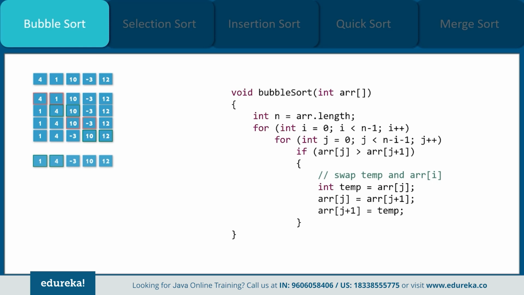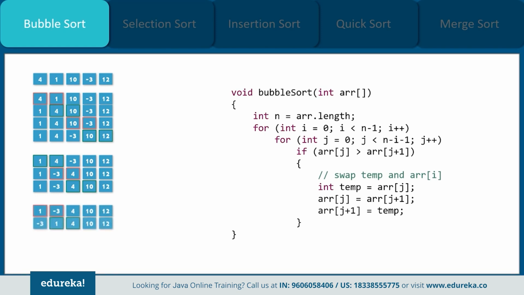Now in the next iteration, we'll again begin and start from the next index of the ith loop. Here we'll see -3 and 4 have been swapped, and thereafter we'll compare 4 and 10, and finally, in the last iteration, so on and so forth, we will finally sort the array.